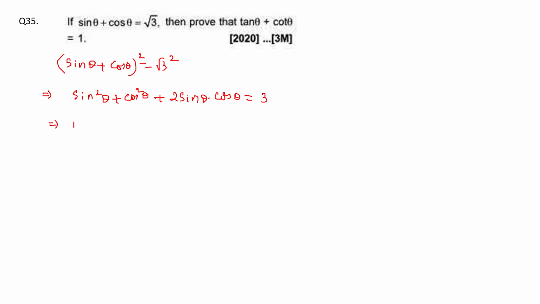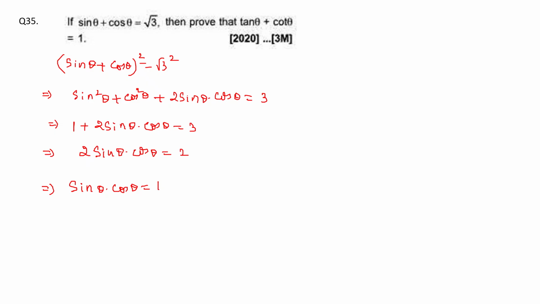So it will become 1 plus 2 sin theta into cos theta equal to 3, and transpose 1 to other side. So 3 minus 1 will be 2. So 2 sin theta into cos theta is equal to 2. It means sin theta into cos theta value is 1.